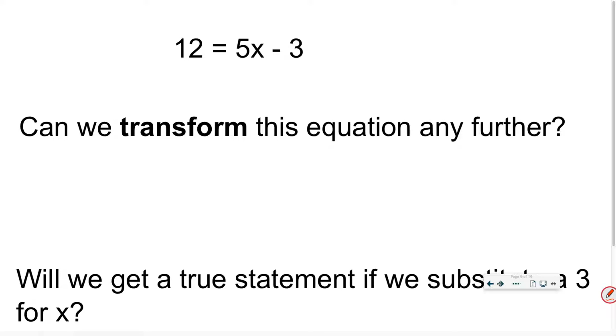We're multiplying it by 5, and then we're subtracting 3. How can I undo that? Inverse operations. What would you do first?